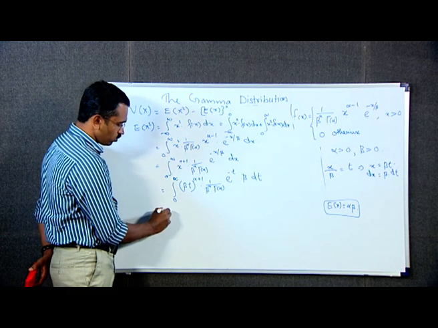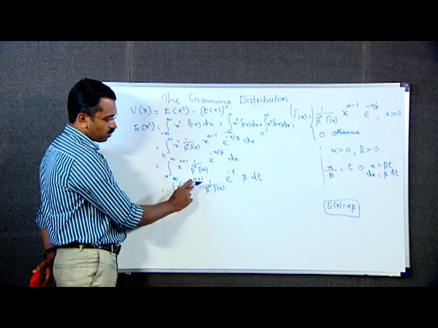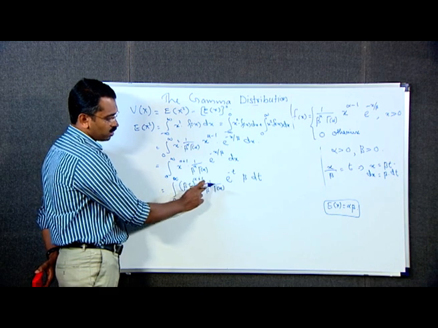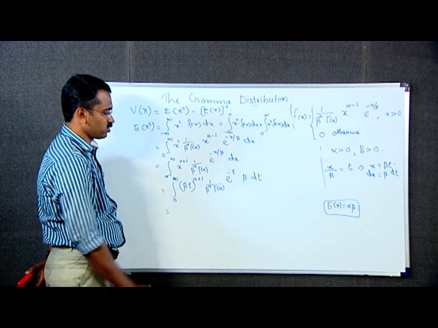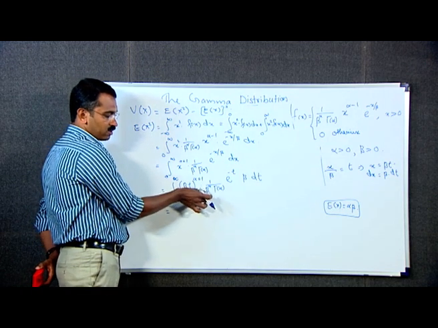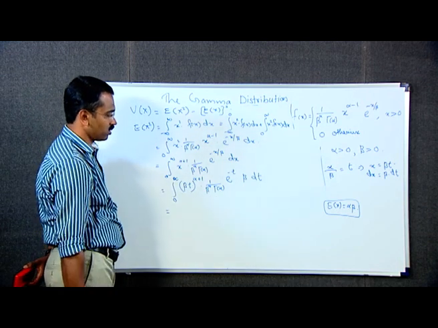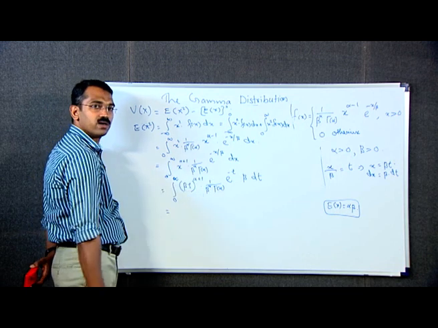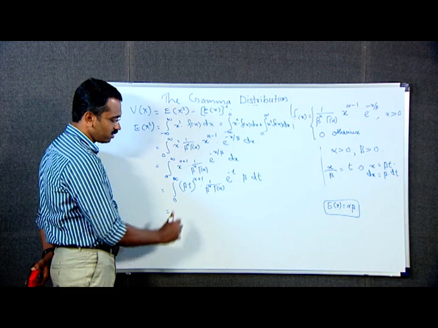This is equal to, here beta raised to alpha plus 1 into beta means beta raised to alpha plus 2. In the denominator, here is beta raised to alpha. Therefore, beta raised to alpha cancelled.